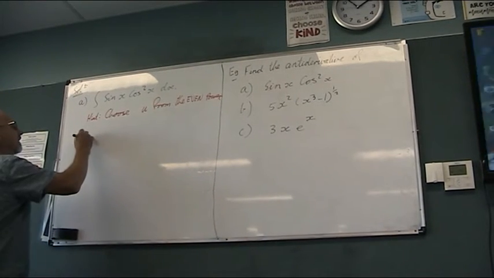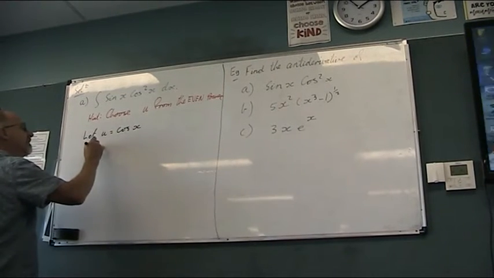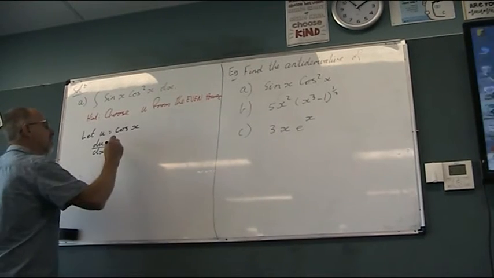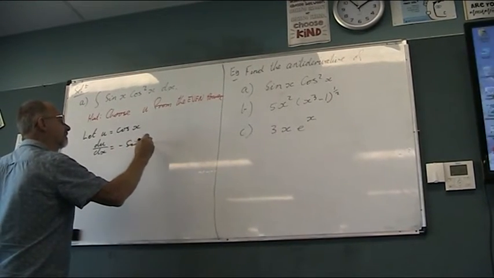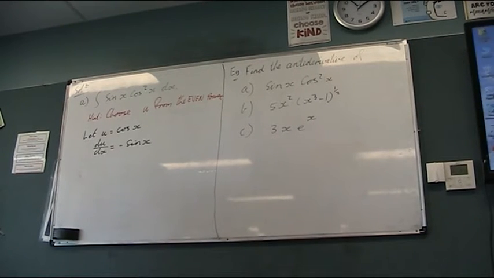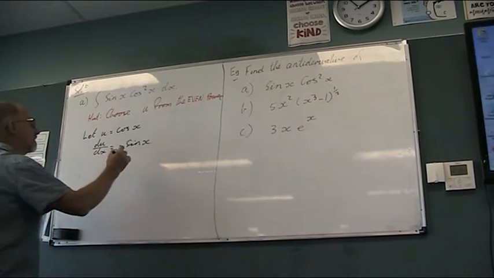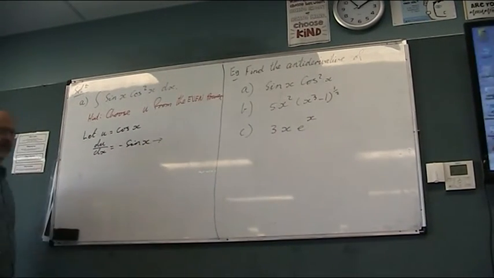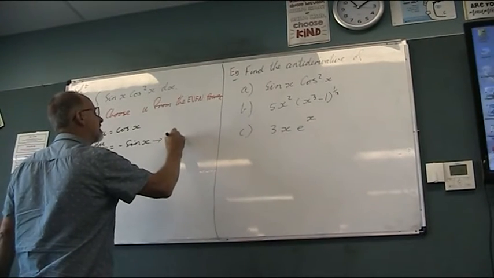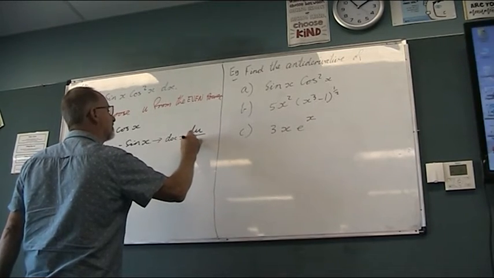Alright, so let u equal cos x, because when we differentiate cos, you get negative sine, don't you? Alright, so let's have a look and see what happens then. From rearranging that, you get dx would be du over negative sin x.